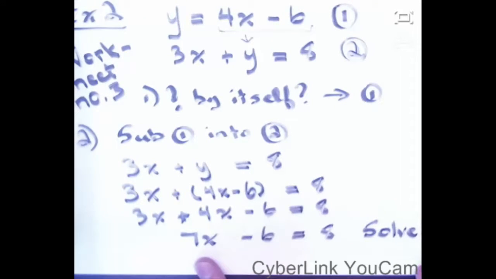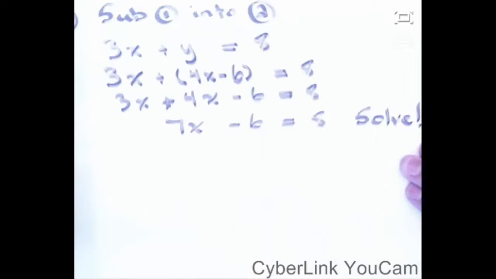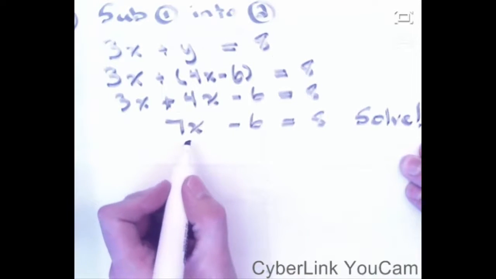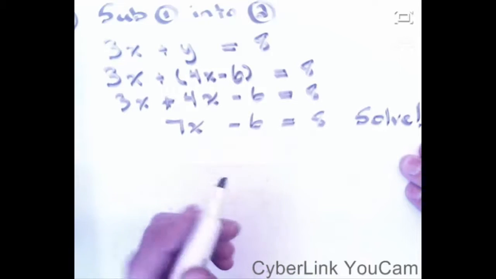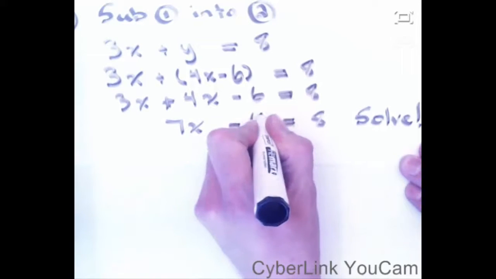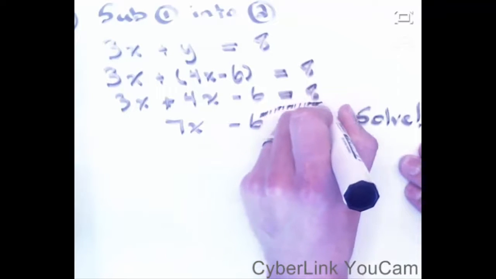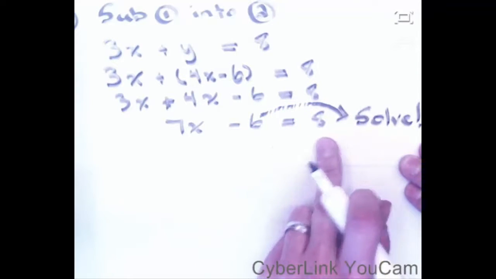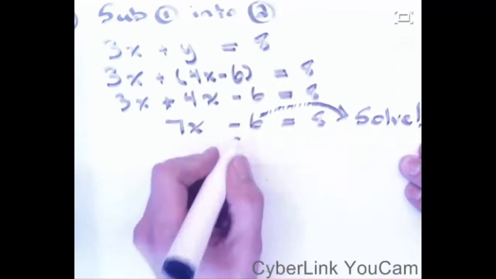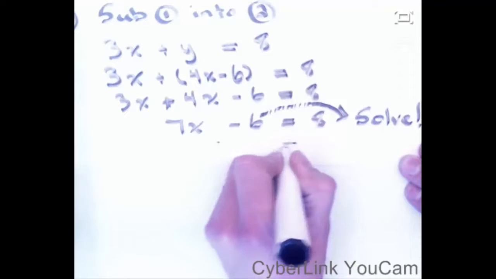And let's see what we have here. Here we see 7x is having 6 subtracted from it. We can use the trick where if you send this minus 6 over to the other side, that minus 6 comes over to this side, and it's no longer subtract 6, okay? It becomes plus 6.